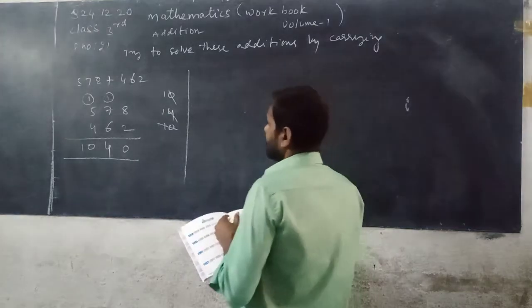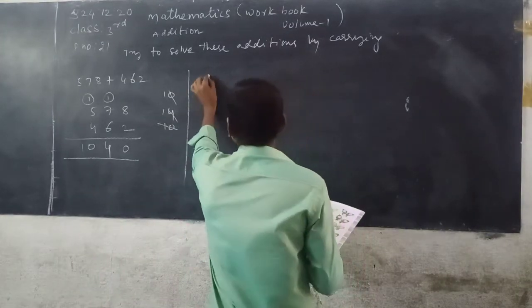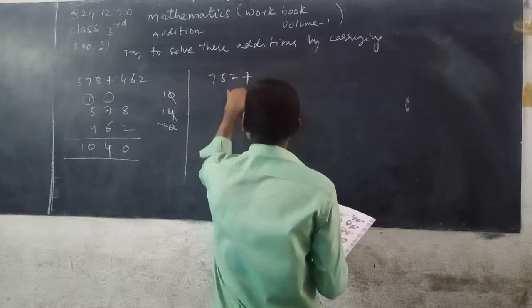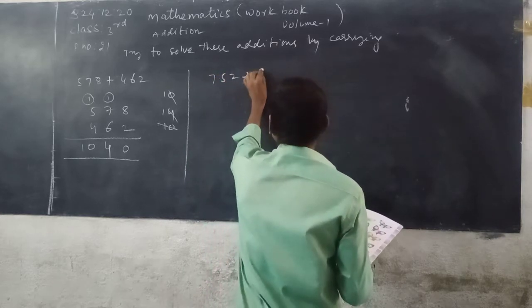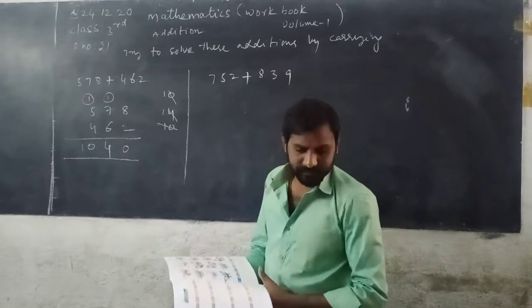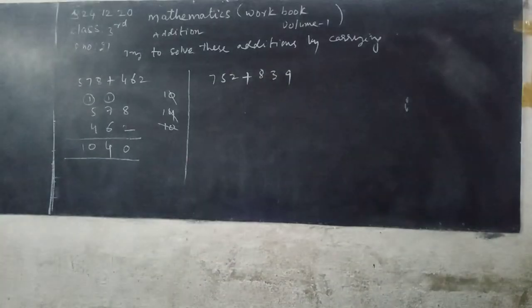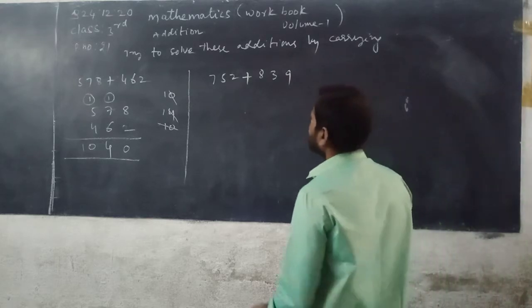Next, 752 plus 839. First write the given numbers in column form according to their places.